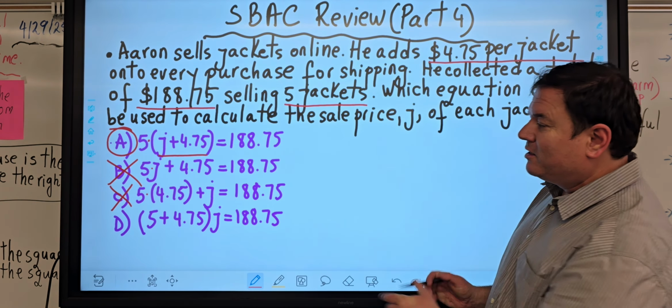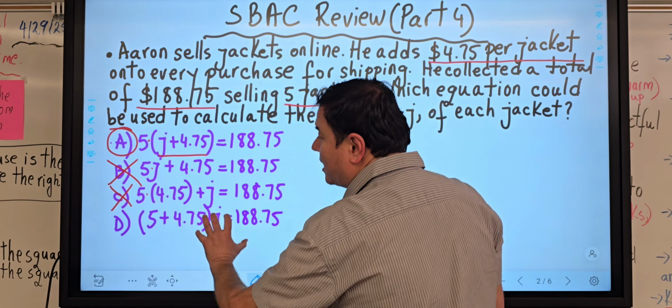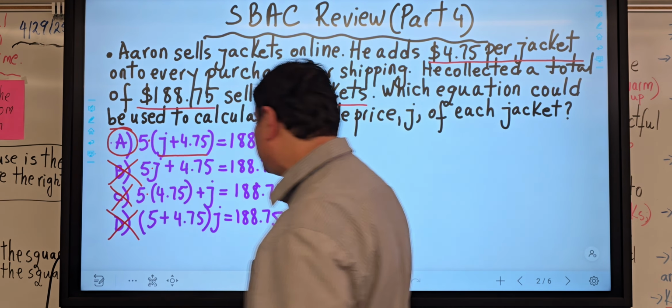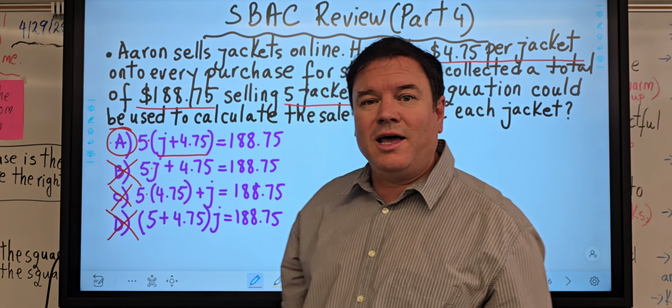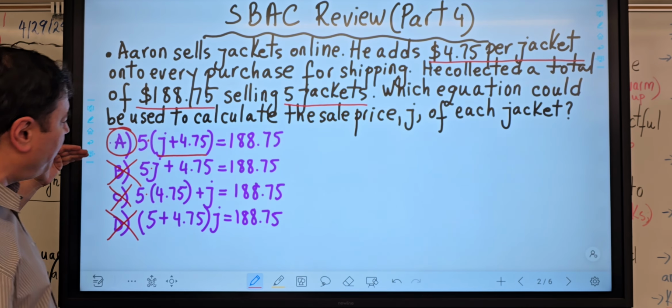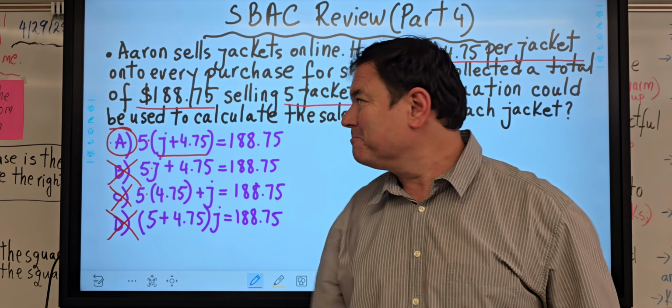That's not correct. It's supposed to be J, the jacket, plus the shipping, times 5, equal to 188.75. Pay attention to this type of question and make sure you really understand the information from the problem before you make a decision which multiple choice to choose.